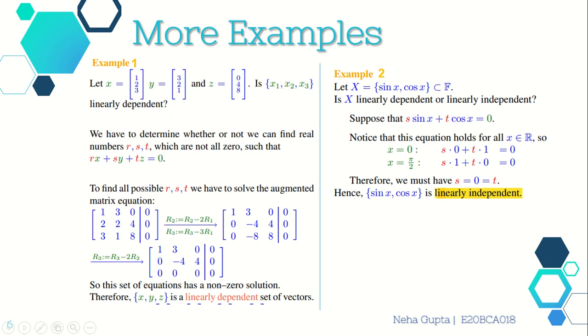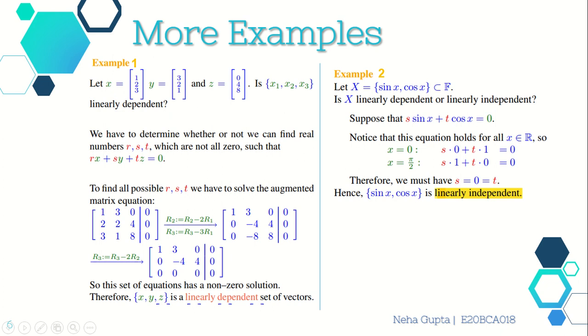Just like v1, v2 and v3, there are three vectors present in a span and the rank will be 2. If the rank is less than the number of vectors present in the span, it means it is a linearly dependent set of vectors.